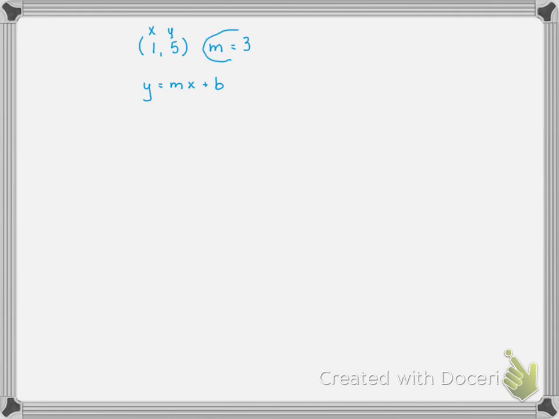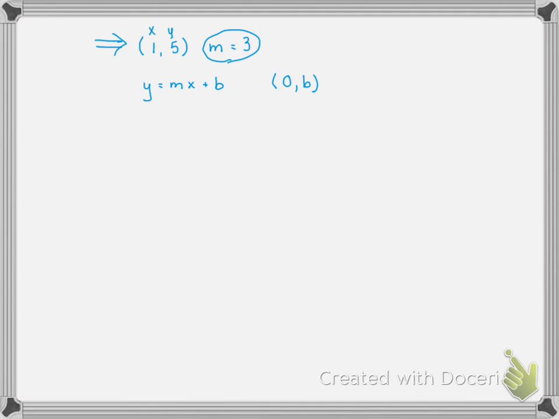Well, we have the m, but what we do not have is the b. Remember, the y-intercept exists when x is 0. And in our given coordinate here, x is not 0. So 5 is not the y-intercept. Please do not make that mistake.